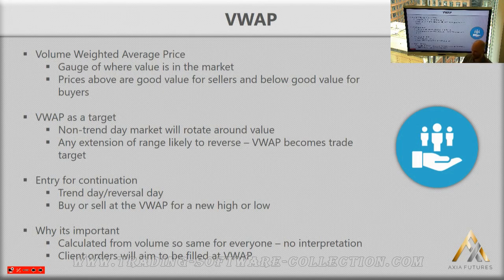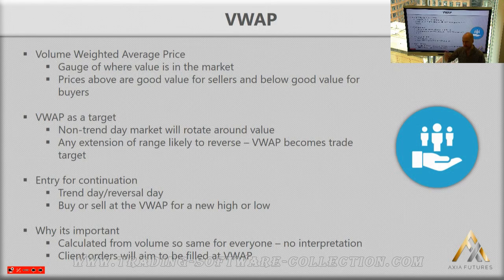Equally, you have the other side of things whereby if, say, your client has said, right, I want you to buy as close as or below VWAP as you can get, and you're in an uptrending day, you can end up with the VWAP actually providing support on that day.